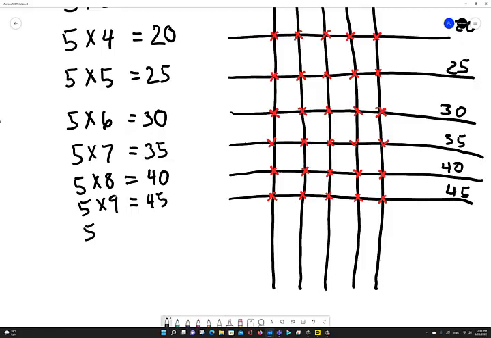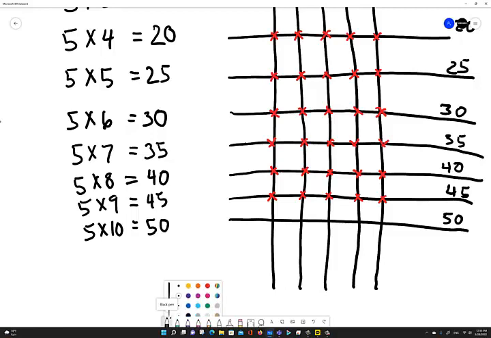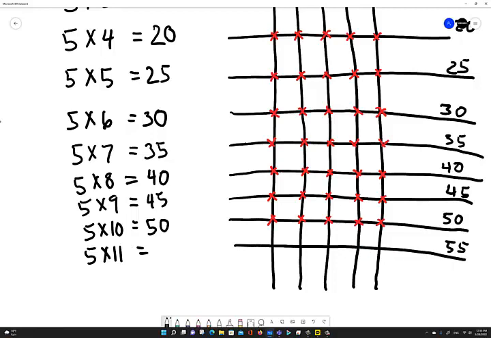And what is 5 times 10? 50, right? This is 50. Here, I'm going to write, this is 46, 47, 48, 49, 50. All right, what is 5 times 11? 55. I don't think we need to draw the X anymore.